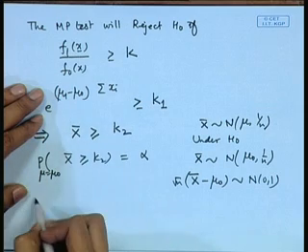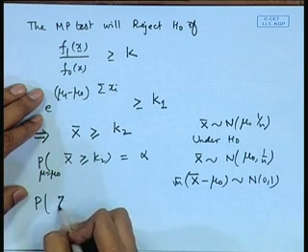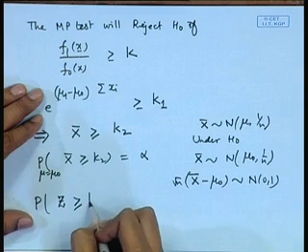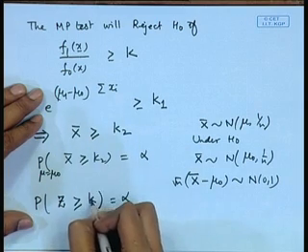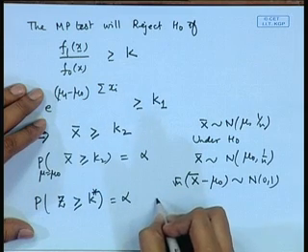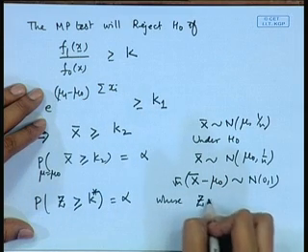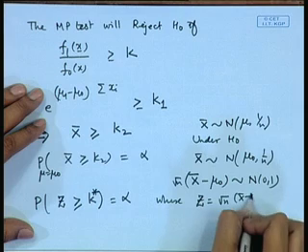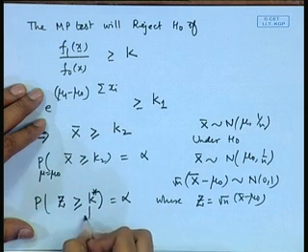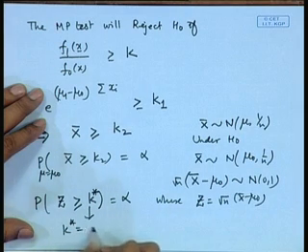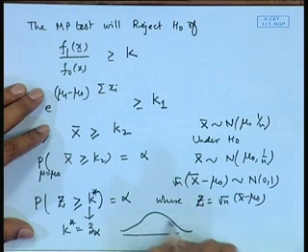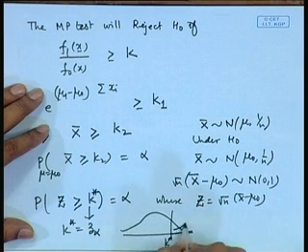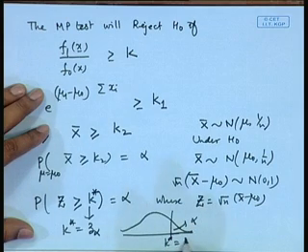So, under H naught this statement can be written as equivalent to P(z greater than or equal to k star) equals alpha, where z is defined to be root n times x bar minus mu naught. So, this point k star becomes the upper 100 alpha percent point of the standard normal distribution. This is the point k star, and this probability is alpha. Therefore, this k star is actually the z alpha point here.